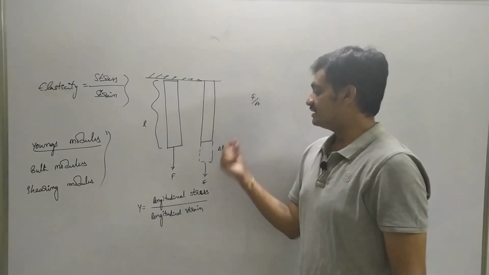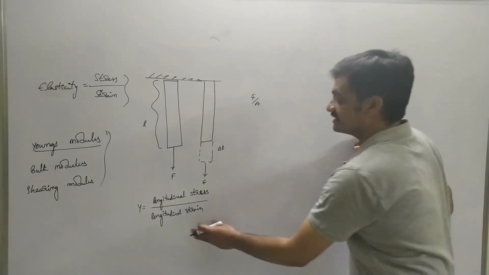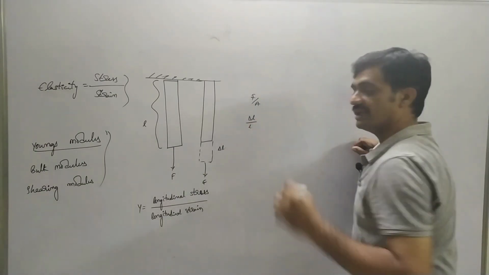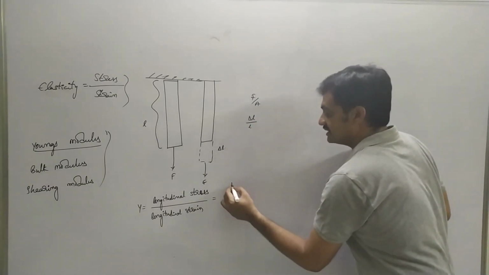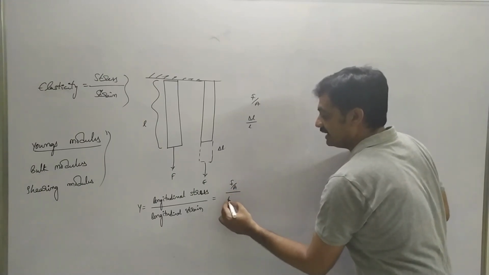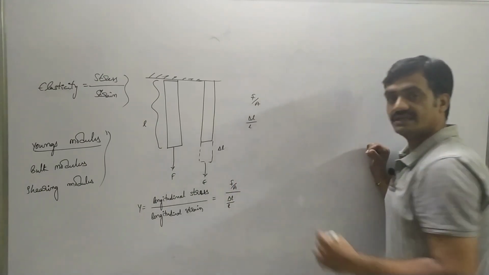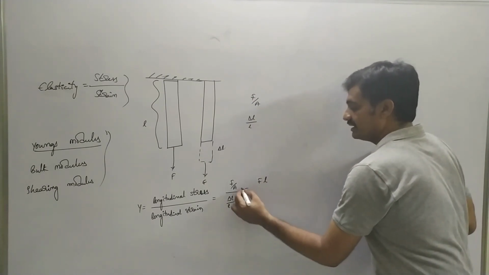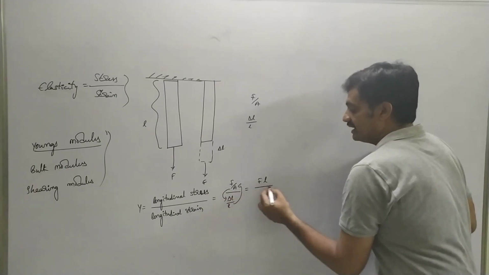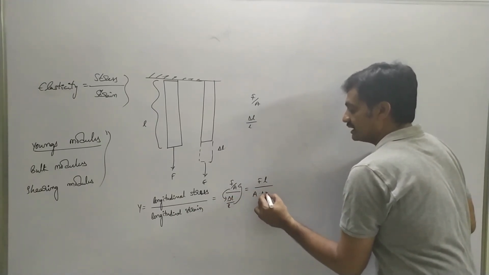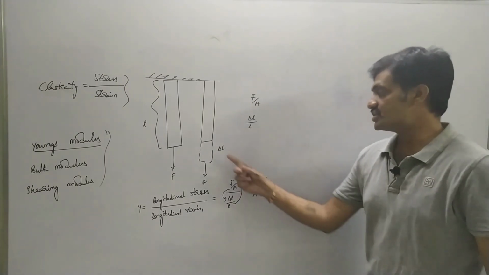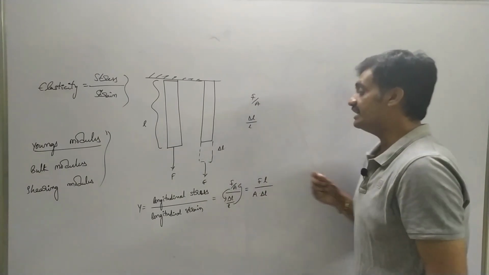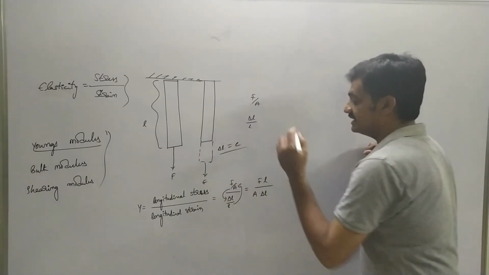So the stress is F by A, whereas the strain is delta L by L. Then Young's modulus can be represented as F by A divided by delta L by L. Then this expression can be represented as FL by A into delta L, where delta L is nothing but the change in the length, or we can also represent it as extension e.